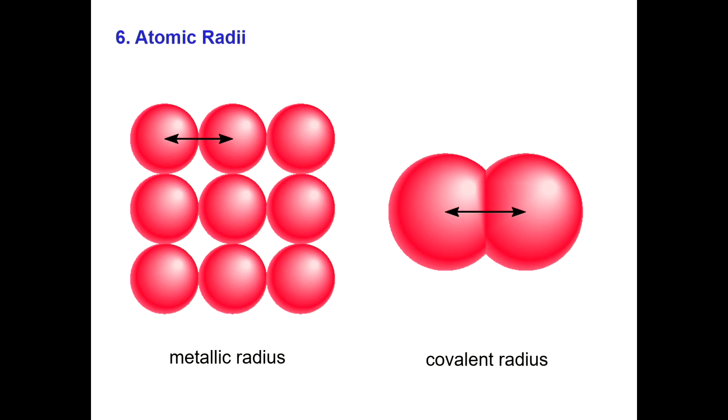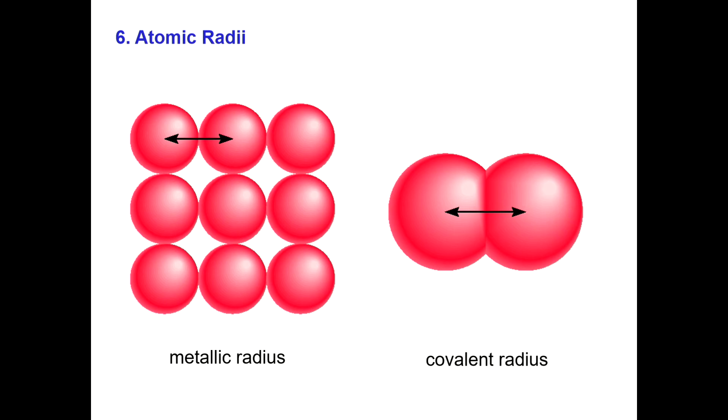Okay, for atoms, this slide shows the atomic radius. We know metals are basically structured like this. If this is one atom, each atom just stays together with the others, like this.